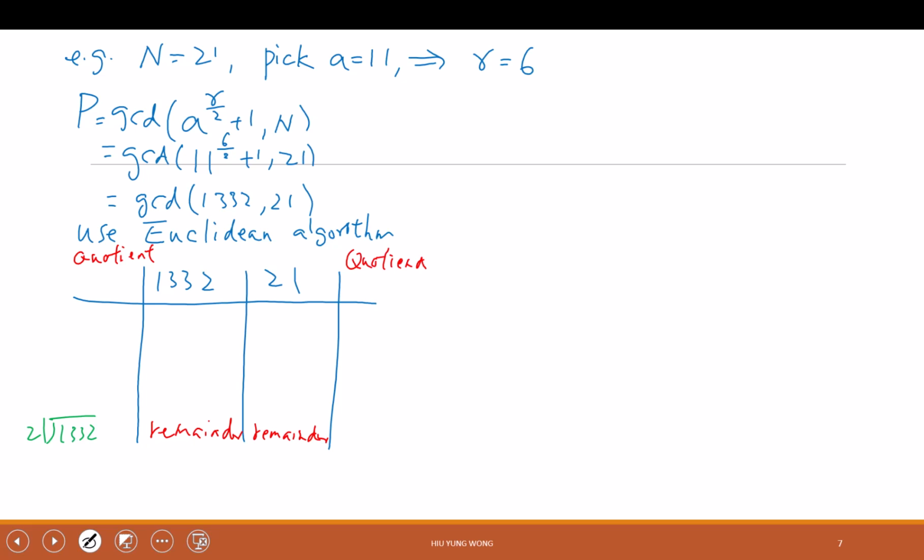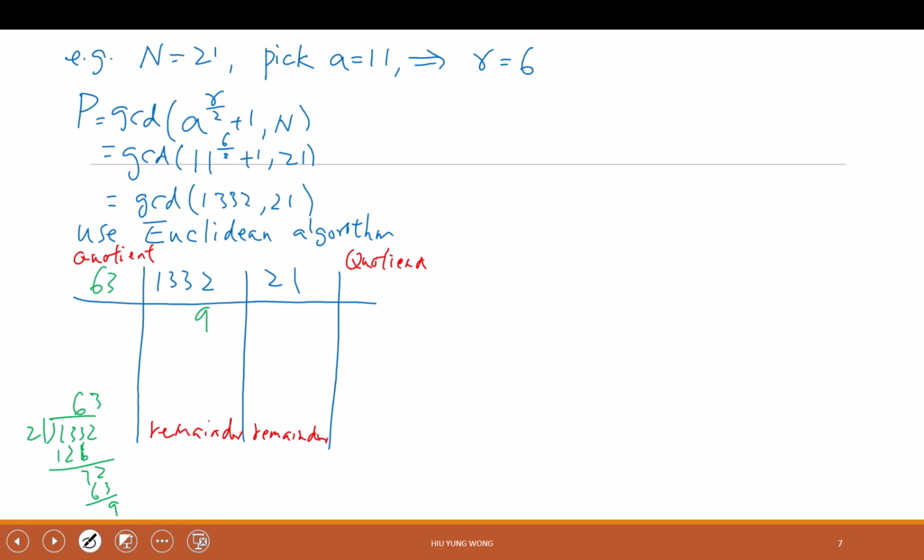Okay, so to do this, I start with 6. This is 12. 126. So this gives me 2. And then this gives me 72. So I divide by 3. This gives me 63. So this gives me 9. Right? So 1332 equal to 63 times 21 plus 9. And therefore, I put 63 and 9 here.